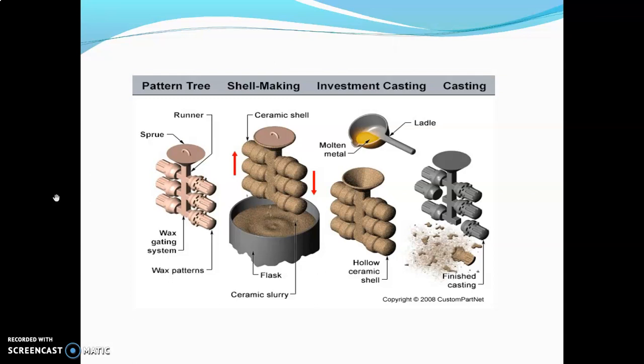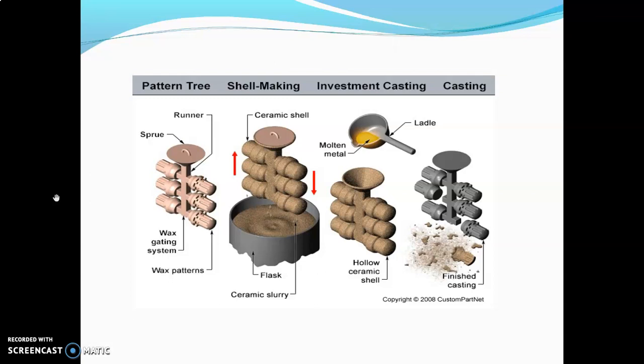Now this was placed in the ceramic slurry. So what will happen? The outer part is covered by the ceramic slurry, and again it will solidify.